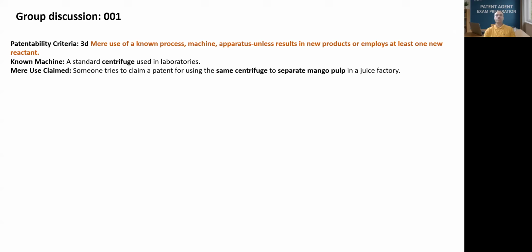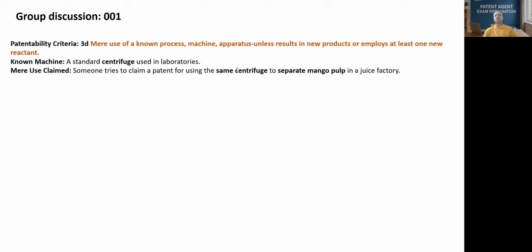Good discussion. So it says mere use of a known process, machine, apparatus, unless results in a new product. Okay. So is mango pulp a new product, or is it employing a new reactant there?